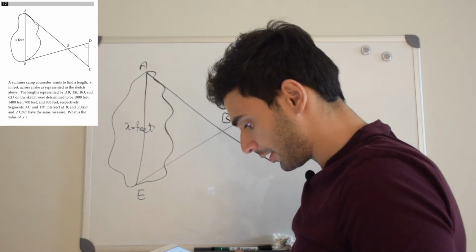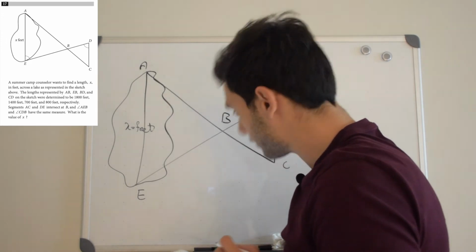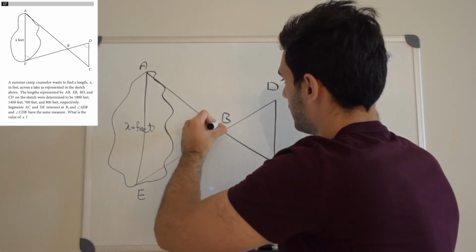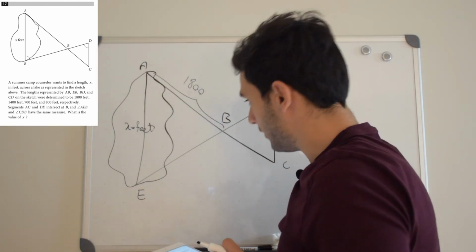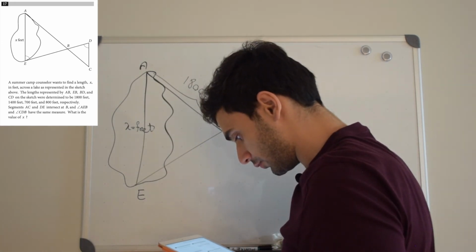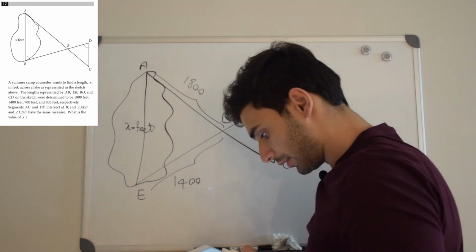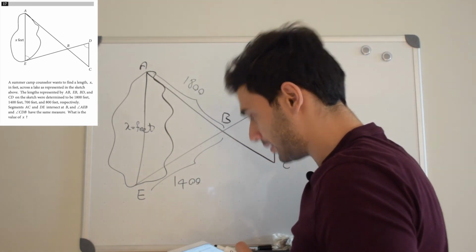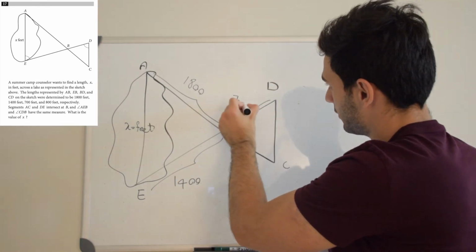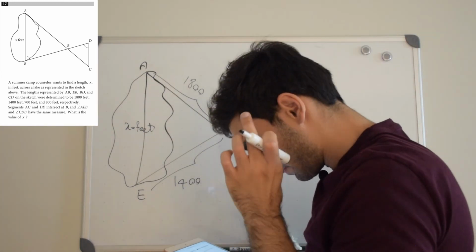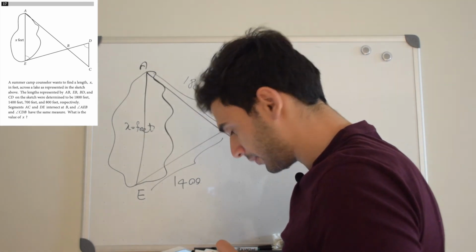The length represented by AB is 1,800 feet. EB is going to be 1,400. And BD is 700. And 800 is going to be CD.